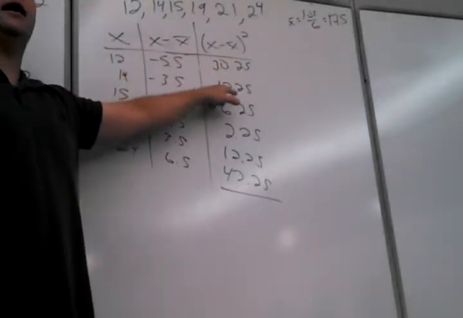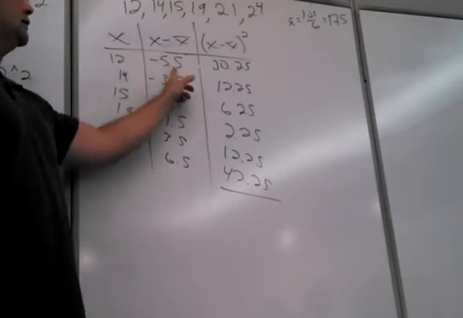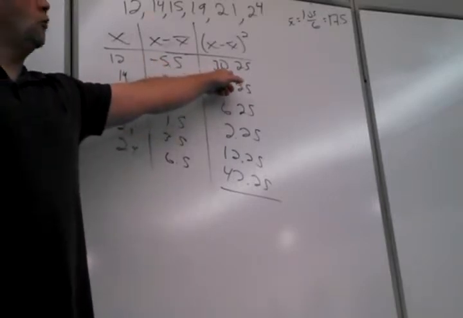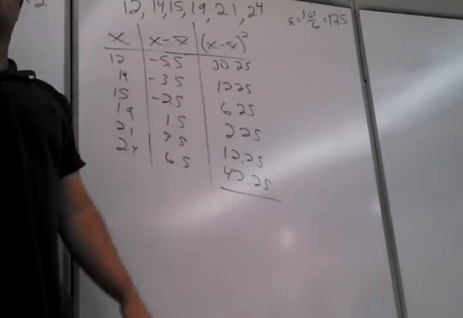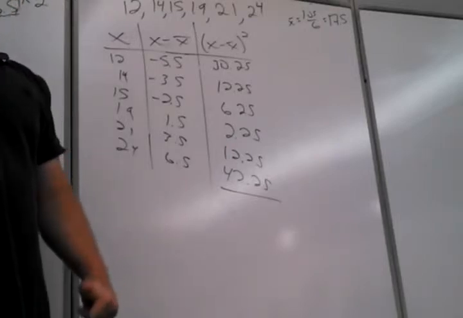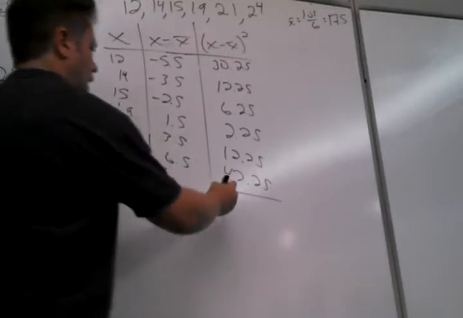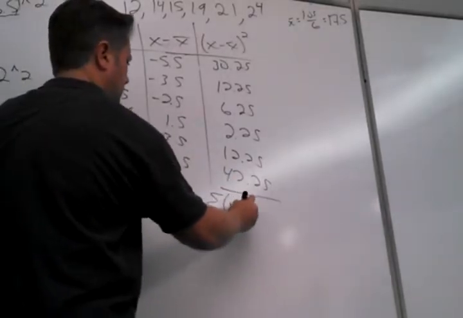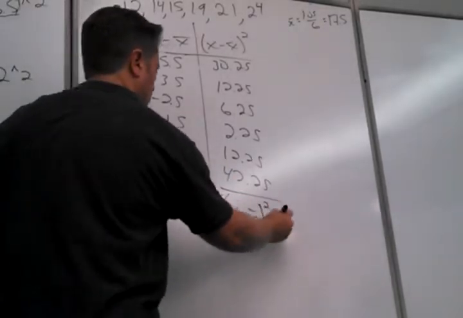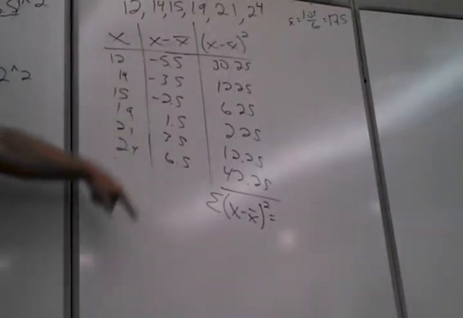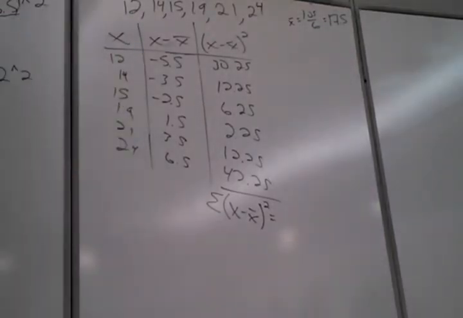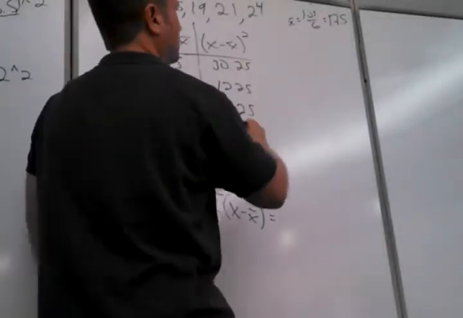Each one of these spots is that x minus the mean squared. When I add these up, that's what sigma means, at the bottom. And of course, it's the Greek letter S. So now I would say the sum of these is 105.5.